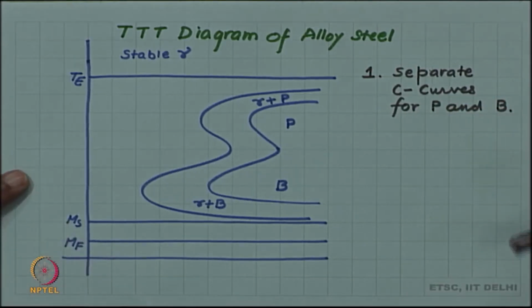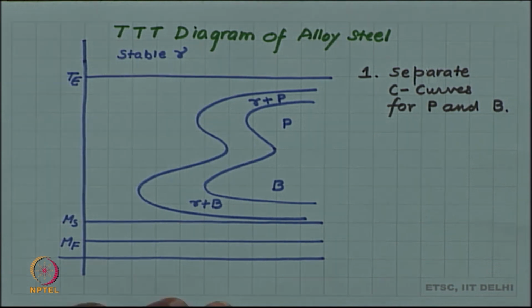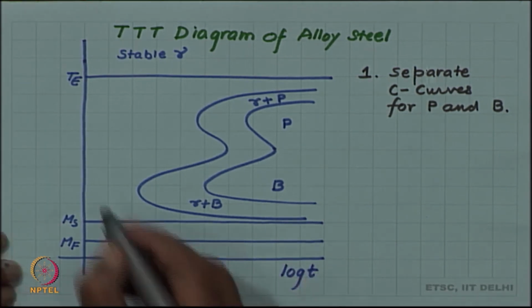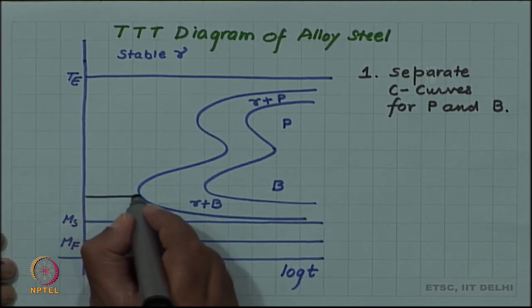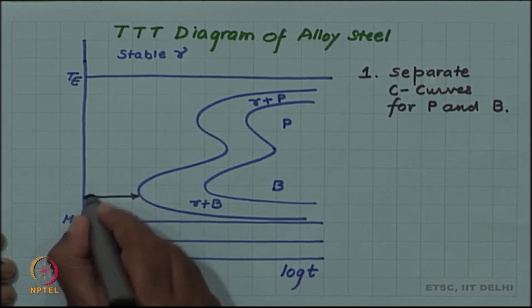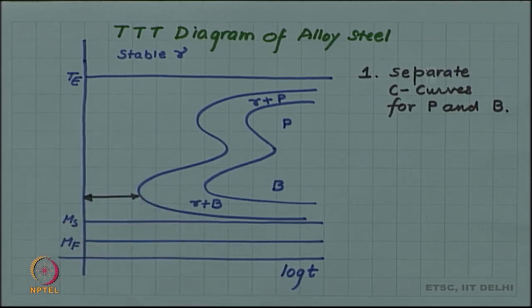Also, the other effect is that the C curve has been shifted to the right, that is, to the higher time side. So, this time, for example, is much longer than in the plain carbon steel.